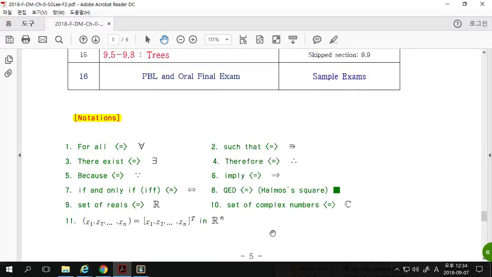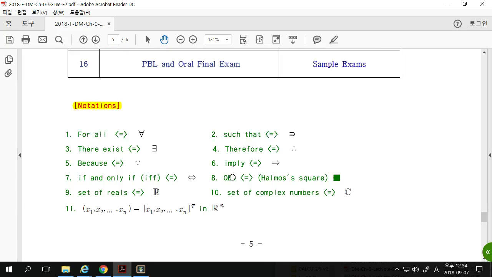And yeah, we will start with some mathematical notations before we start the chapter. You must have seen this notation, the flipped A. This means for all x, and x is in B, or something like this.